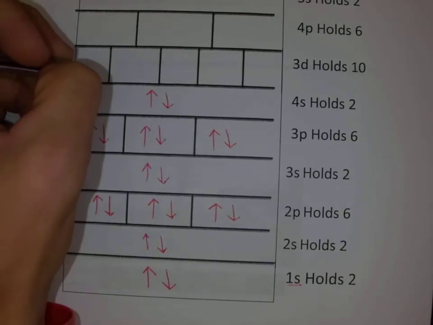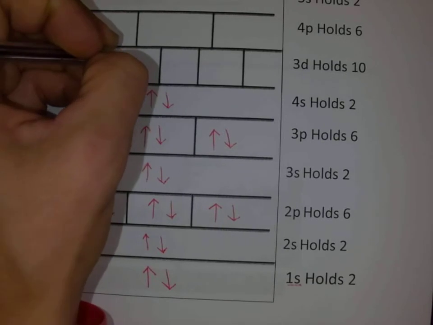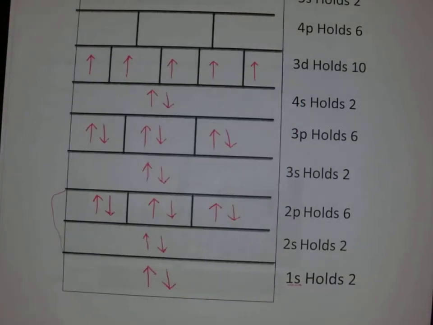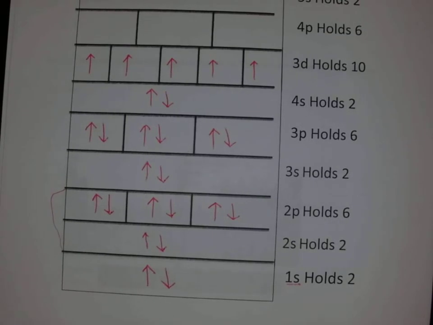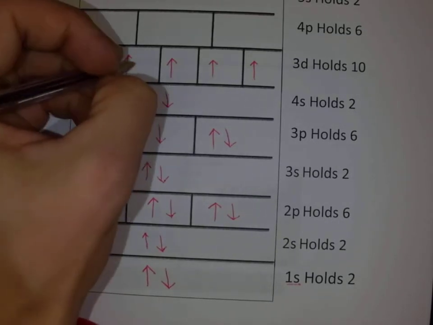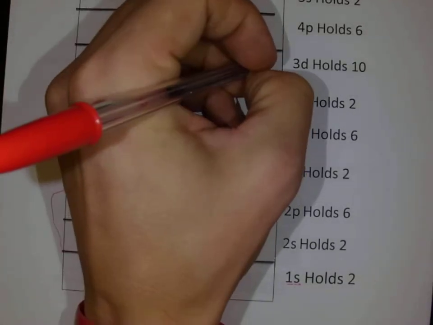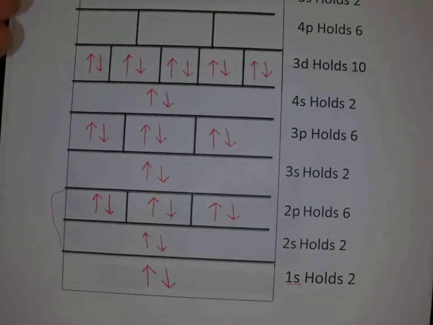So then now here, we'll fill 1 electron into each apartment, right? 1 electron into each apartment, and then now we have to start filling them, so we're going to fill them with opposite spins, okay? Once I fill them with opposite spins, then I would go up to my 4p orbitals, okay?